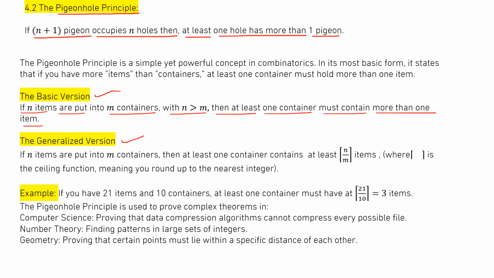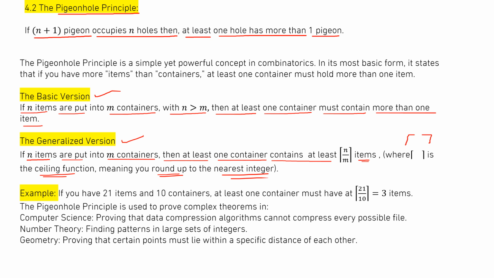Whereas the generalized version says that if n items are going to be put into m containers, then at least one container contains at least ceiling of n by m items. This symbol is called the ceiling function. When you look for the ceiling function, you have to round up to the nearest integer.